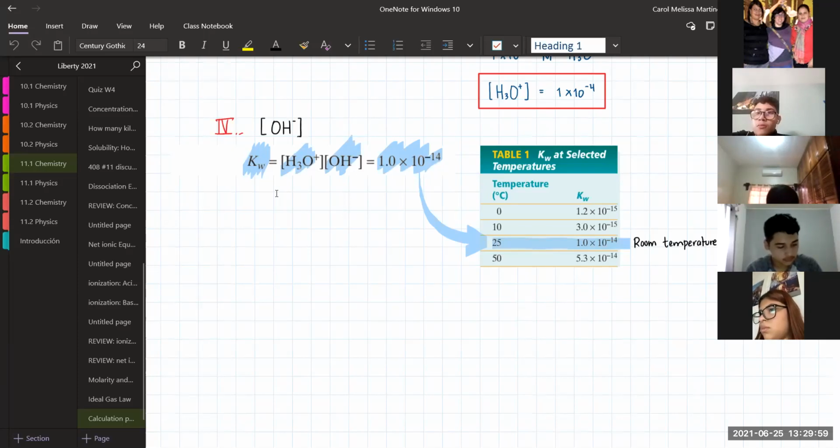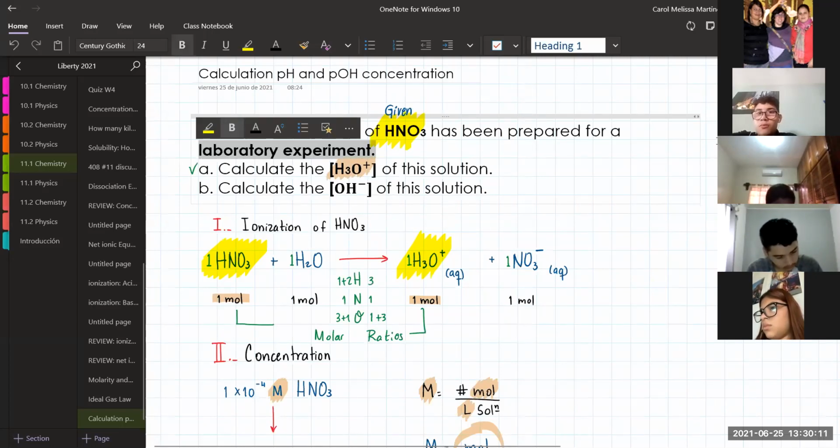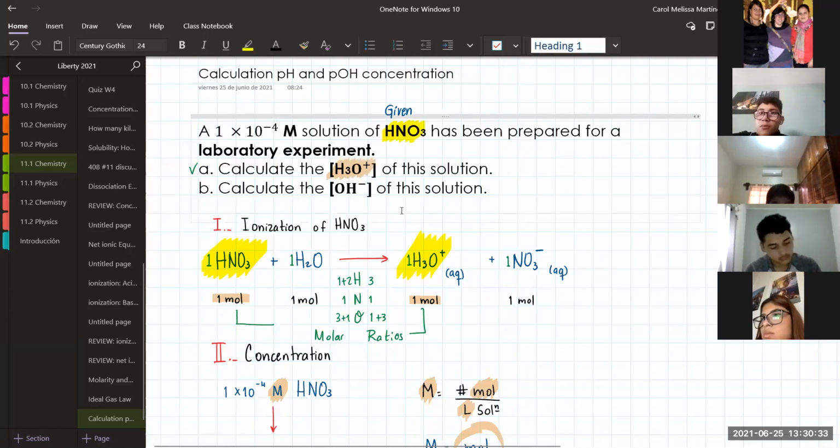So the room temperature is important because here in the problem it's telling you that this solution is being prepared for a laboratory experiment. In a chemistry lab, the chemist is going to set the temperature of the air conditioner to 25 degrees.